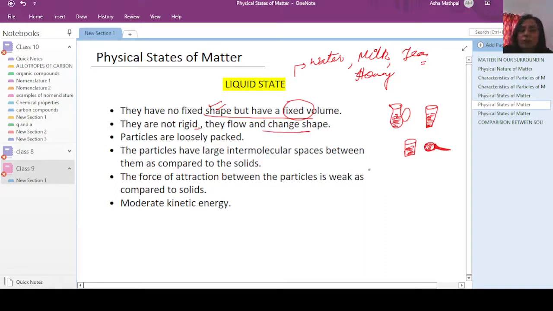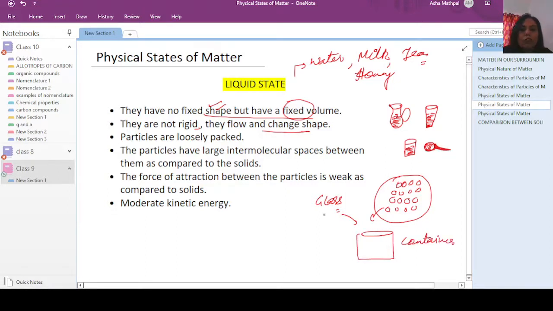Now we know from our previous topics that every matter is made up of particles. So obviously water will also be made up of particles. So suppose these are the particles of the water like this. Now if you are going to pour the water from a glass to a big container, what will happen?